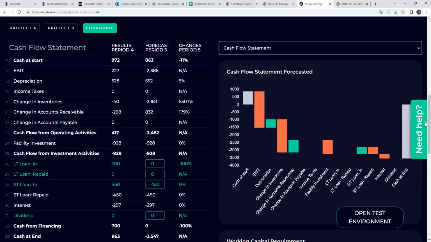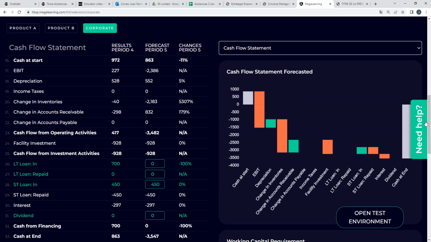You begin here with the cash flow statement, which is the wallet of your organization, the bank account of your organization.